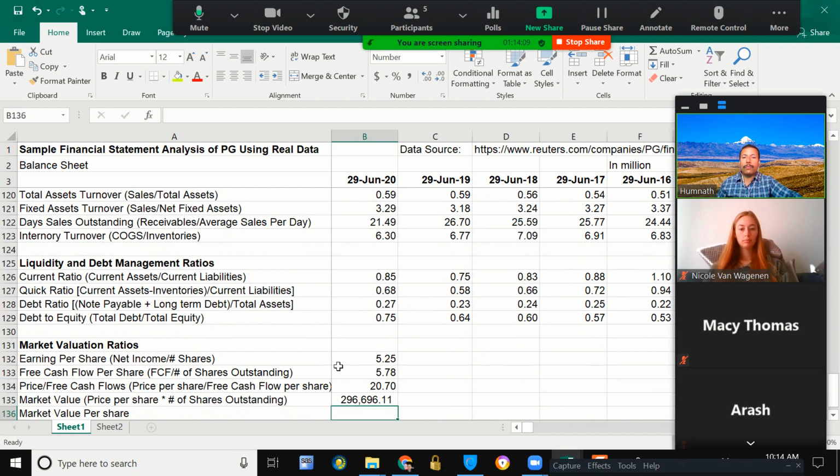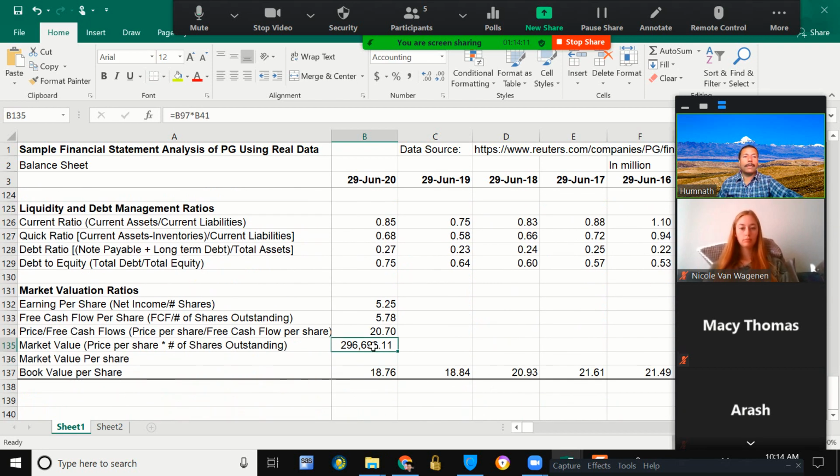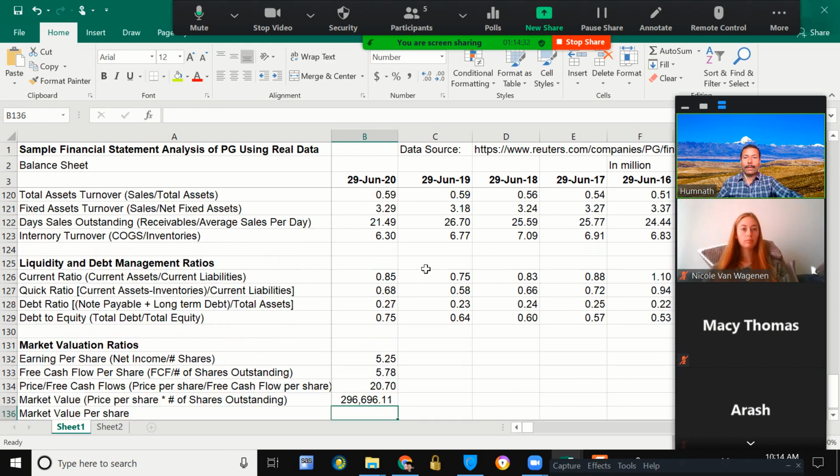That's going to give you the total market value of this company. Market value versus book value. Book value is the value on the book, equity value. This is the market value of the equity. Market value per share is actually the price, right? It is the price right here.